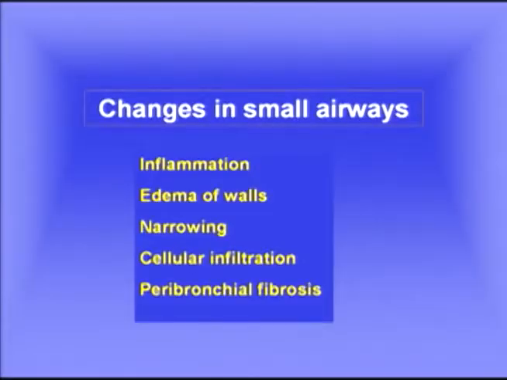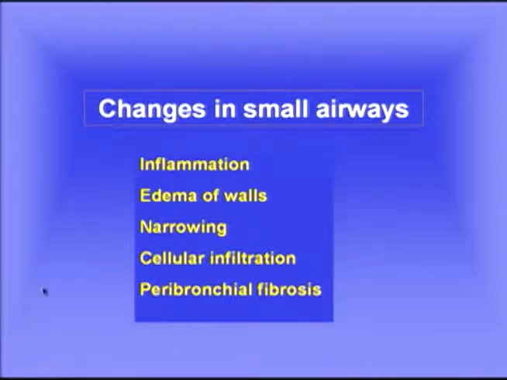Now, we've been looking at the large airways, but it's very important to realize that in chronic bronchitis there are important changes in the small airways. In fact, that is probably where the first changes occur, as we were talking about when we mentioned the deposition of pollutants. The pollutants tend to deposit in the small airways.